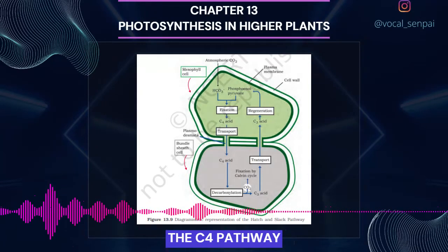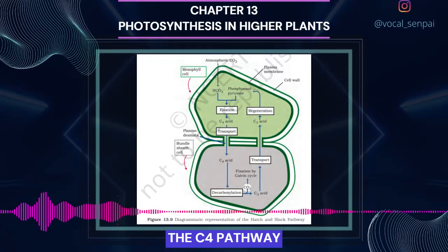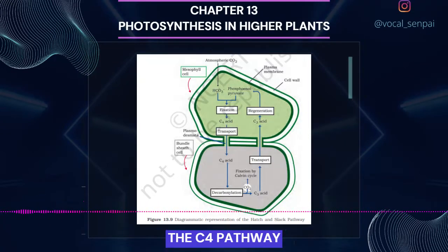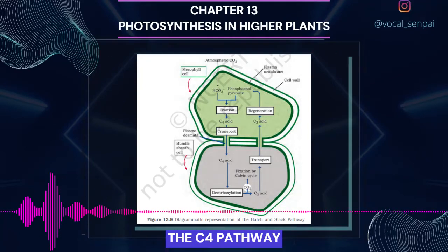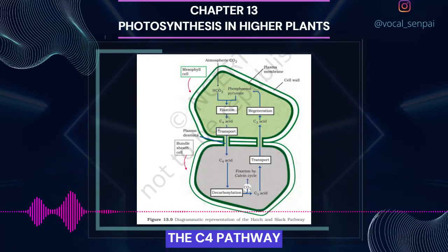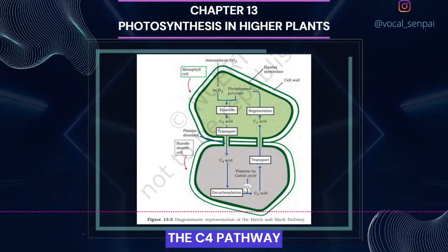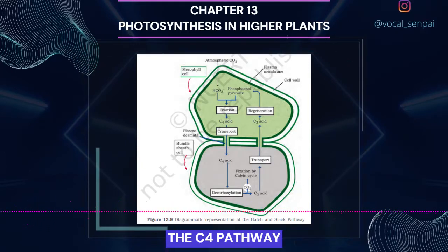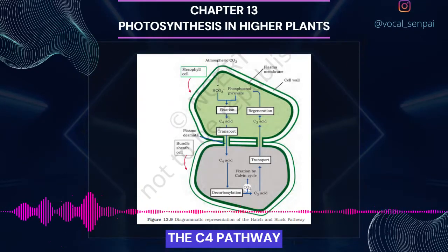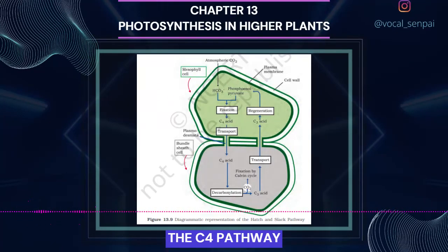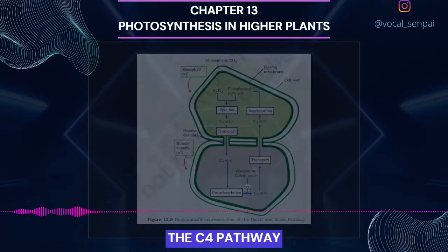The 3-carbon molecule is transported back to the mesophyll where it is converted to PEP again, thus completing the cycle. The CO2 released in the bundle sheath cells enters the C3 or the Calvin pathway, a pathway common to all plants. The bundle sheath cells are rich in an enzyme ribulose bisphosphate carboxylase oxygenase, Rubisco, but lack PEPcase.